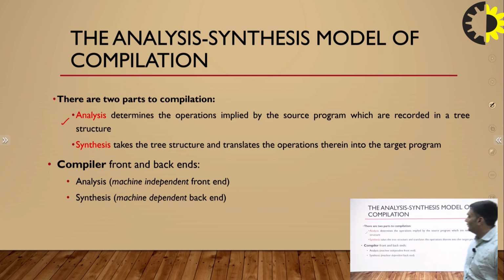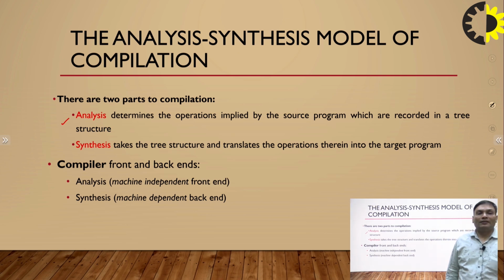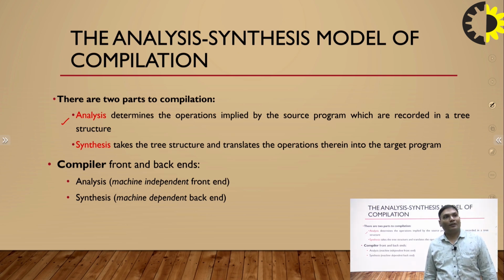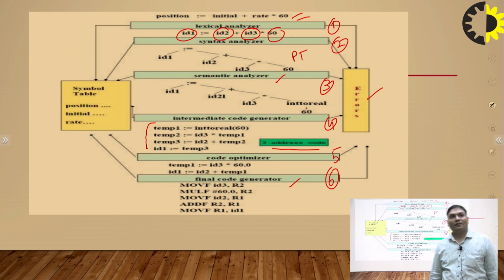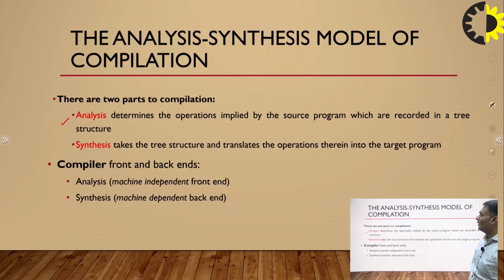The analysis part determines the operations implied by the source program, which are recorded in a tree structure. So in the previous diagram, we utilize the parse tree or syntax tree from the given instruction or program.